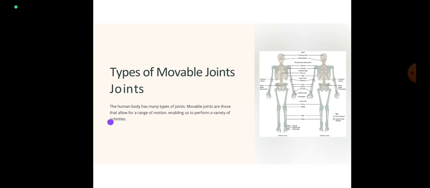They are constructed to allow movement and provide mechanical support, and are classified structurally and functionally. Structural classification is determined by how the bones connect to each other, while functional classification is determined by the degree of movement between the articulating bones.